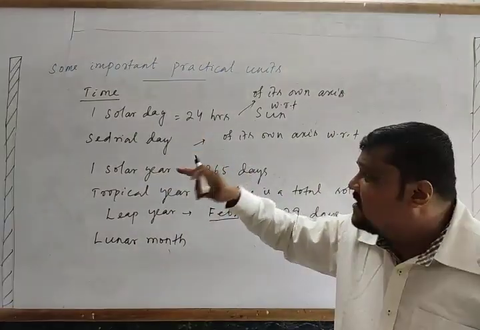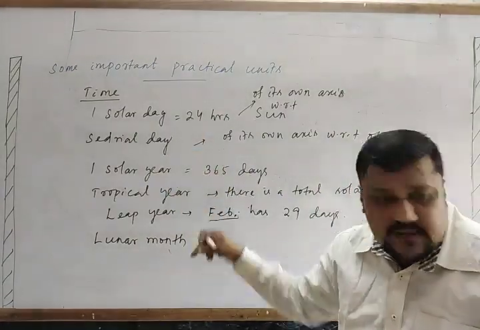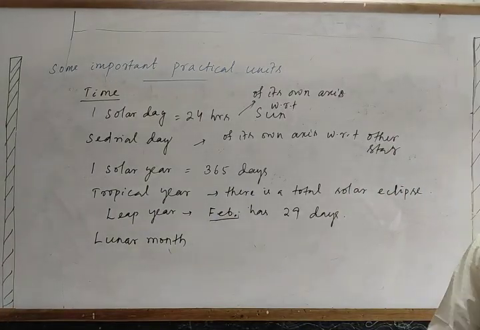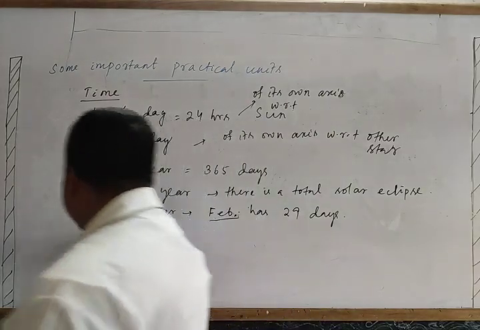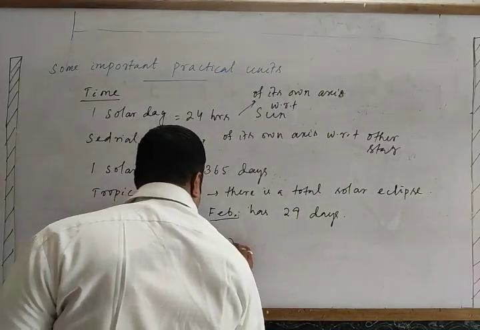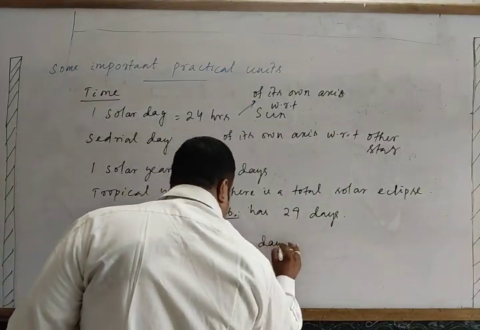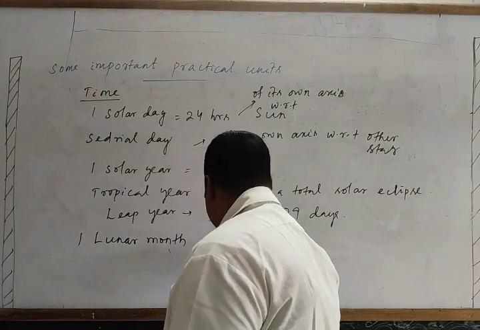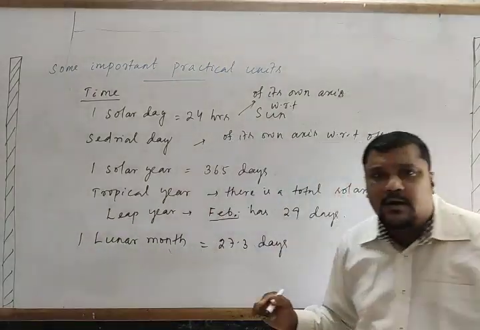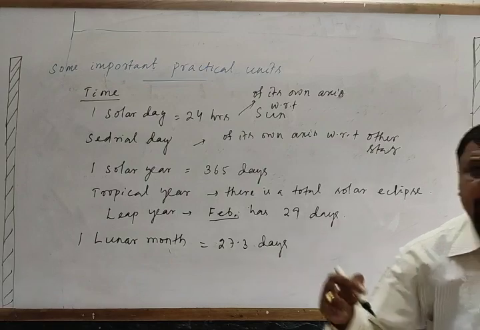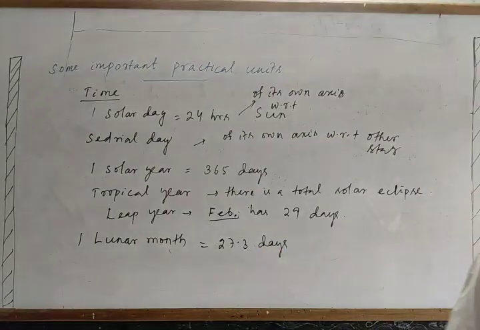Earth around the sun, solar year. Moon around the earth, that is the lunar month. What is that lunar month? One lunar month equal to 27.3 days. Means within this 27.3 days, the moon completes one revolution around the earth.